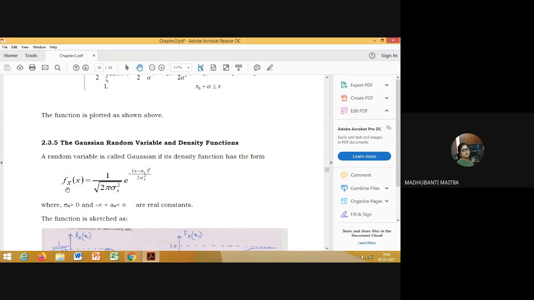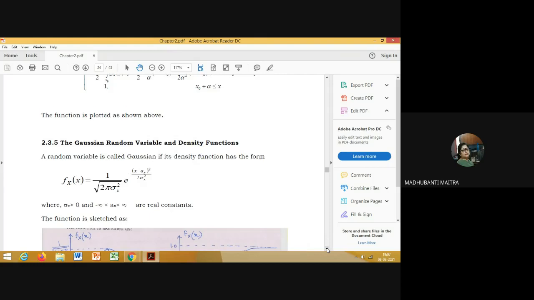In case of a Gaussian density function, the density function is f_X(x) equal to 1 by root over 2 pi sigma_x square, e to the power minus (x minus a_x) whole square by 2 sigma_x square.